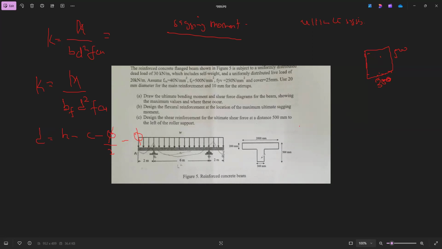Sometimes people get confused with that thing. This is how the arrangement looks like, and we have the bars here.